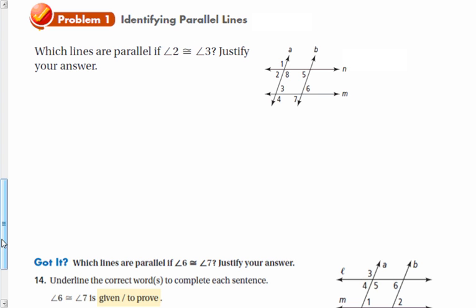So we want to know which lines are parallel if angle 2 is congruent to angle 3. So we want to think about what kinds of angles they are. We're going to use this as the transversal right here. And with respect to that transversal, angle 2 is congruent to angle 3 is given. And we notice that those are alternate interior angles.